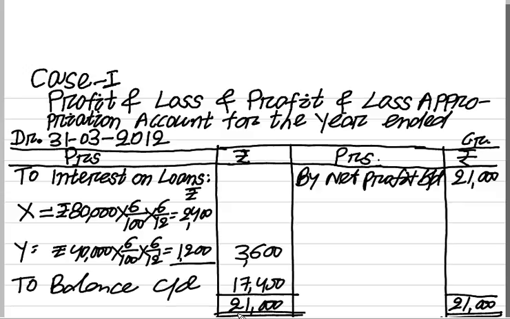By balance brought down 17,400. Then distribute the profit.